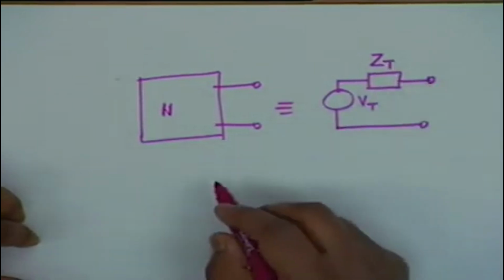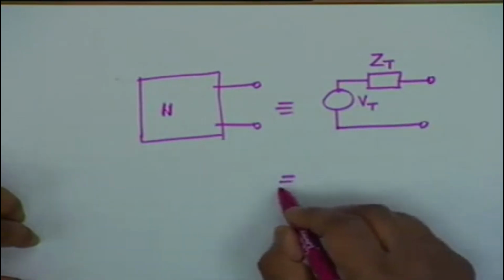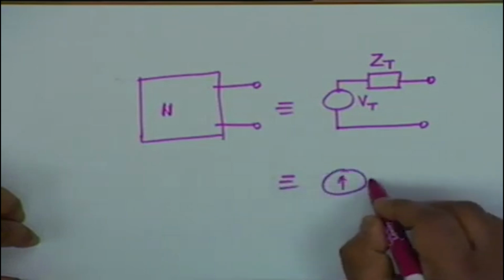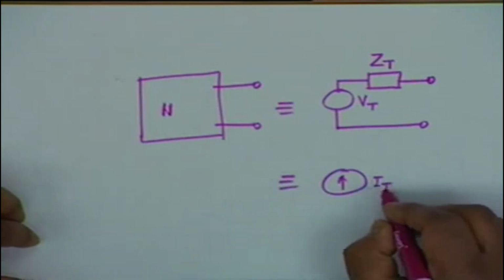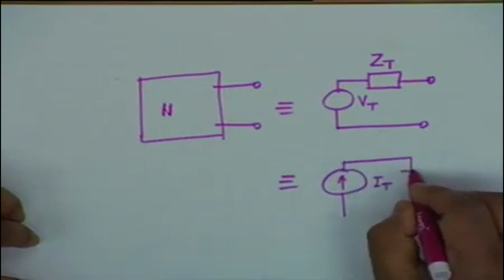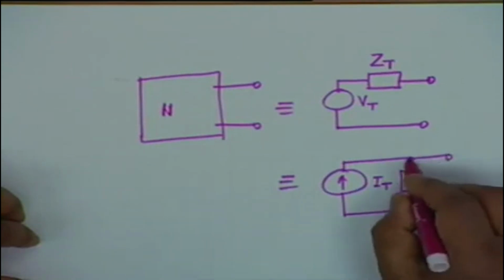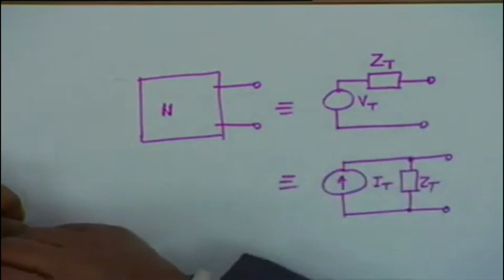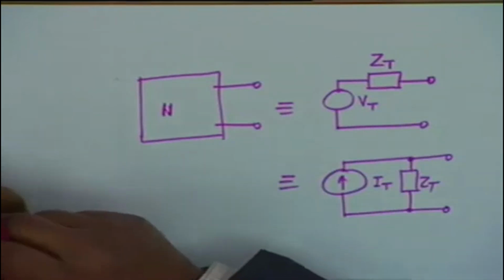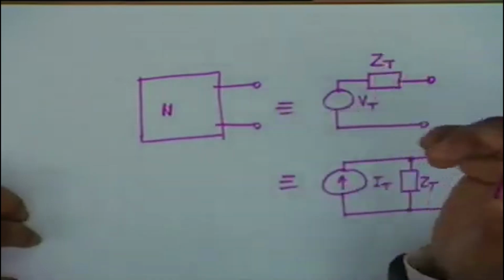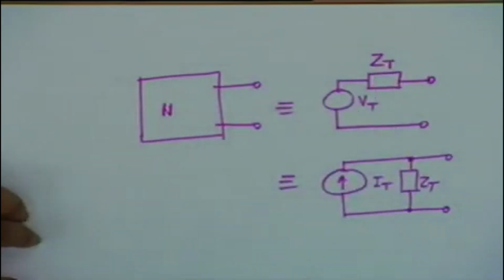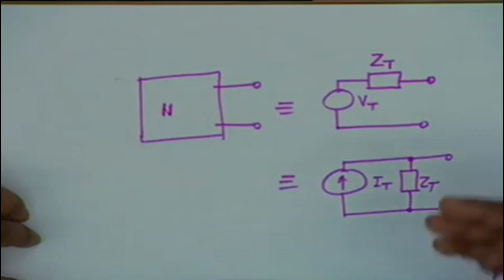This is equivalent to this, or you could also work in terms of It, the Norton equivalence, in parallel with the same impedance Zt, all right. And as I said, this affords tremendous simplification, and whether it is DC or AC, it does not matter. If it is a combination, well, you can work in terms of superposition, all right.